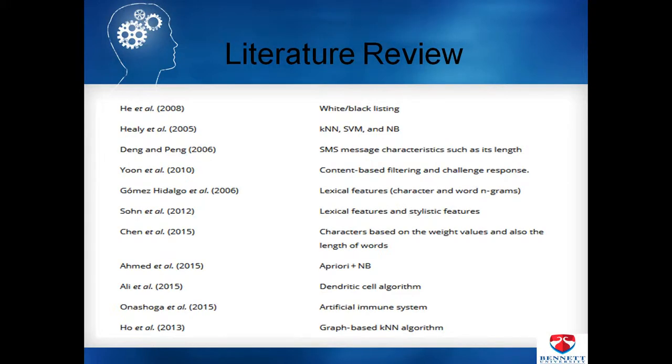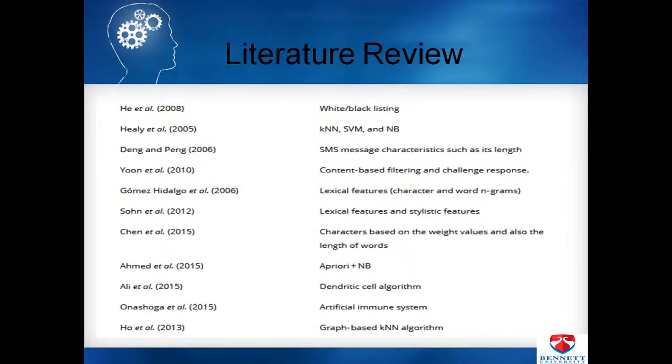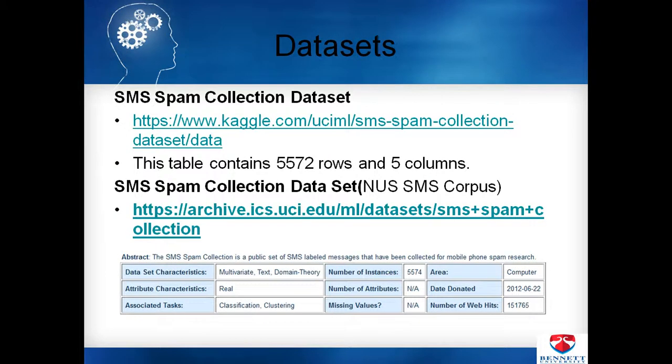this is the methodology that I have used, and these are the various links. The first link is about the SMS spam collection dataset that I am talking about. I have taken 5572 instances.